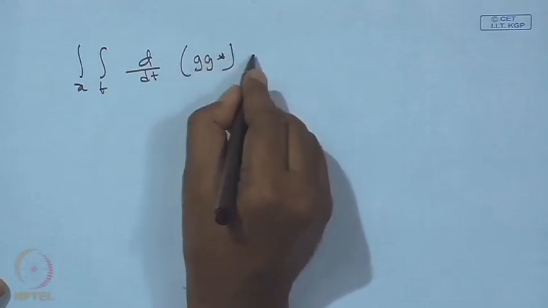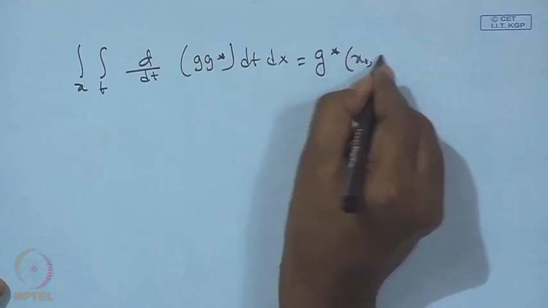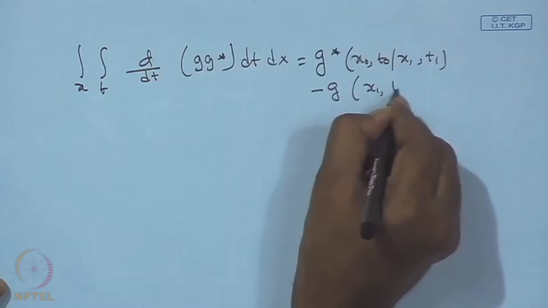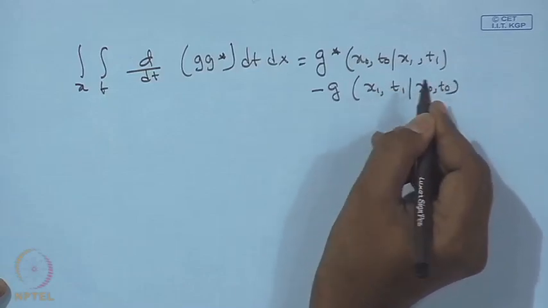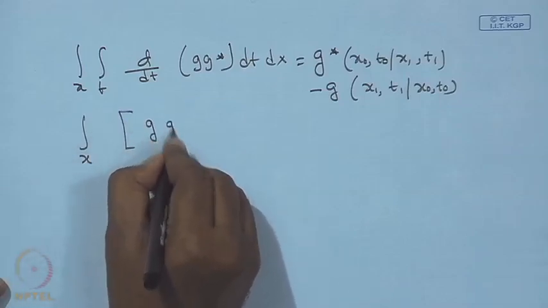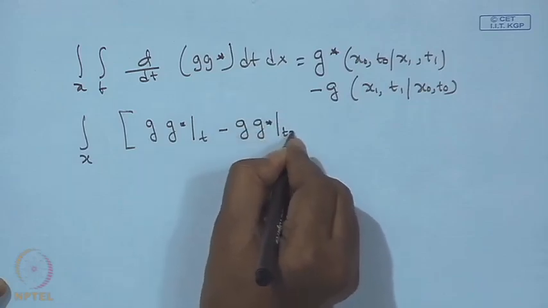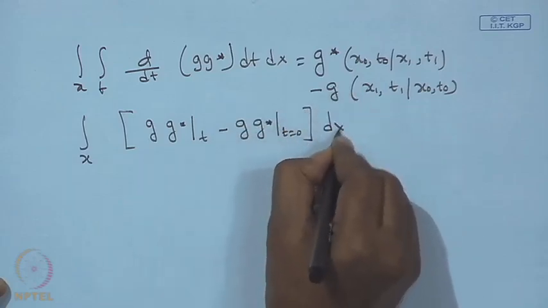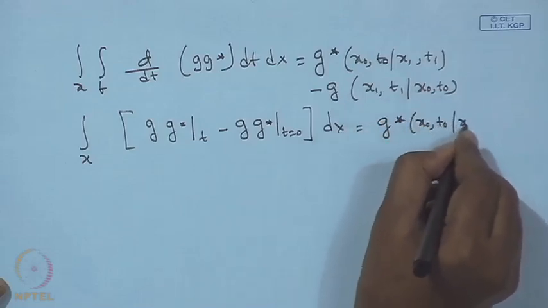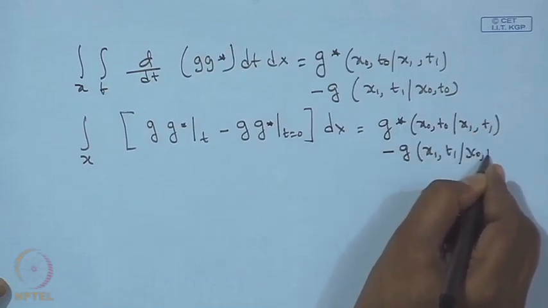When you combine these two, dt dx will be nothing but G star (x naught t naught, x 1 t 1) minus G (x 1 t 1, x 0 t 0). Now, integration over x, that is G star at t minus G star at t is equal to 0 dx, should be equal to G star (x 0 t 0, x 1 t 1) minus G (x 1 t 1, x 0 t 0).